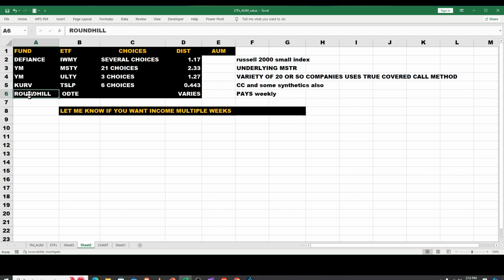And then you've got funds like Roundhill that have these weekly and some other choices. So it's kind of hard to say what the distribution is, because it's going to vary a lot. But since it pays weekly, I stuck that in the category of a fourth week payer. The truth is it can be any week payer you want, right? So let me know if you want to know more about the multiple weeks.